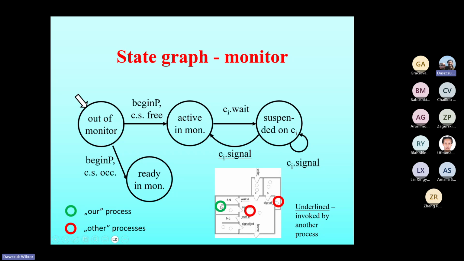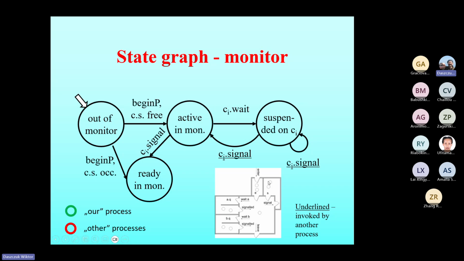We had two processes waiting on a condition. One of them is resumed, but it is not our process, it is red, and our process still waits. This was signaling a condition by another process.